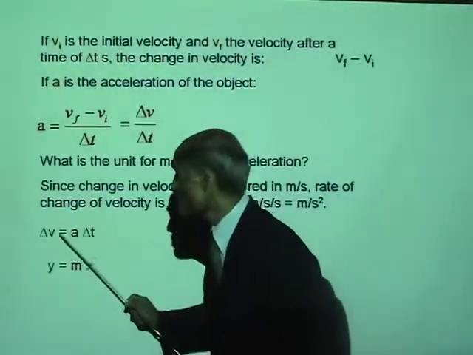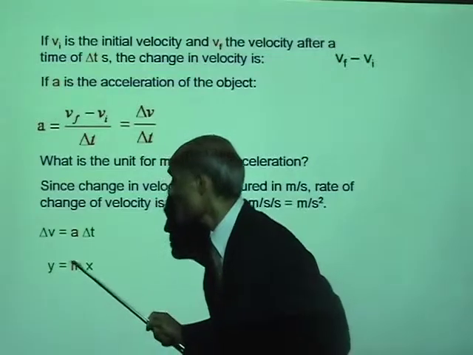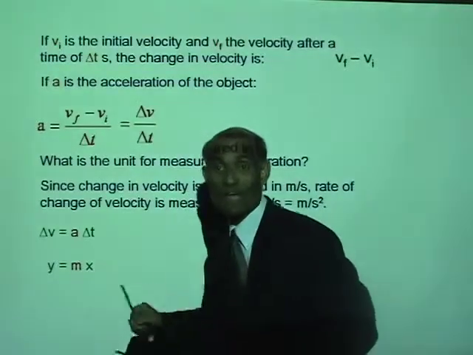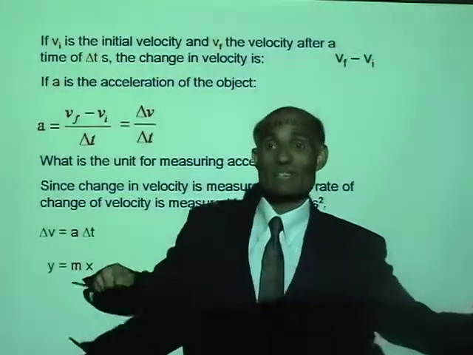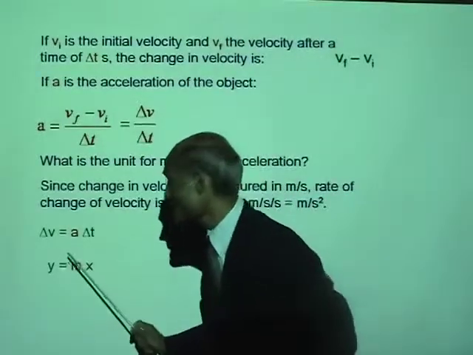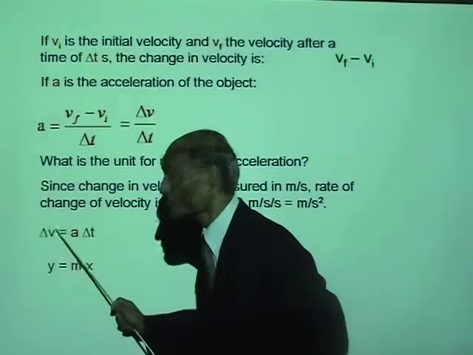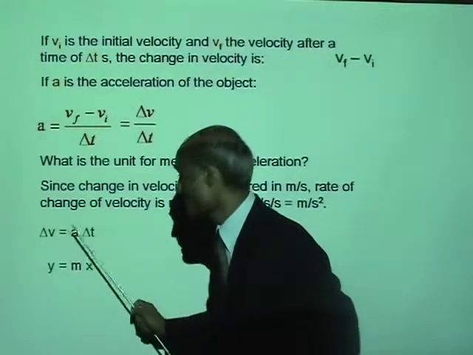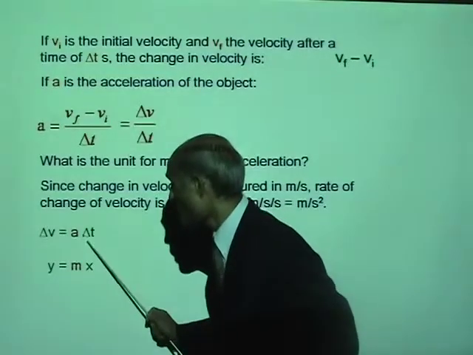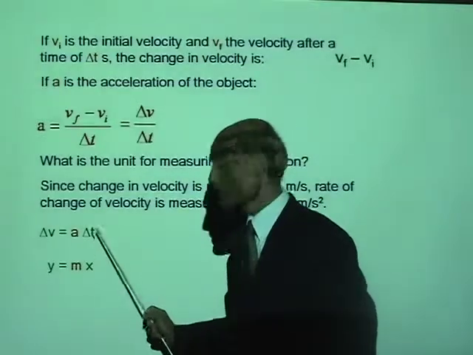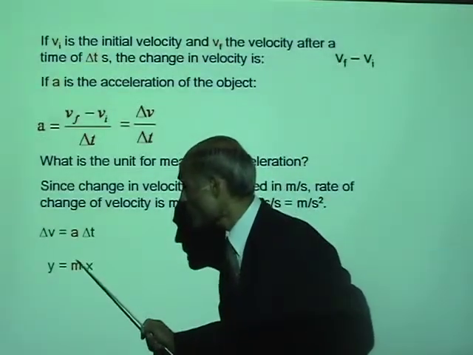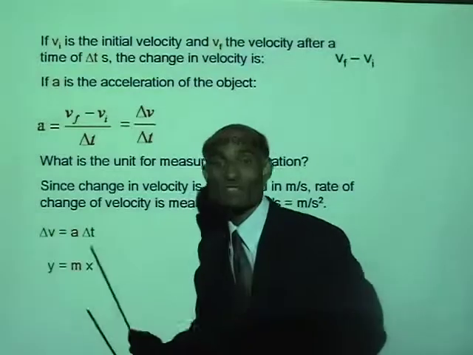Now, this equation is similar to y equals mx, which we talked about in our last lesson. So what that tells you is, if you draw a graph of velocity on the vertical axis and time on the horizontal axis, the slope of that graph will give you acceleration.